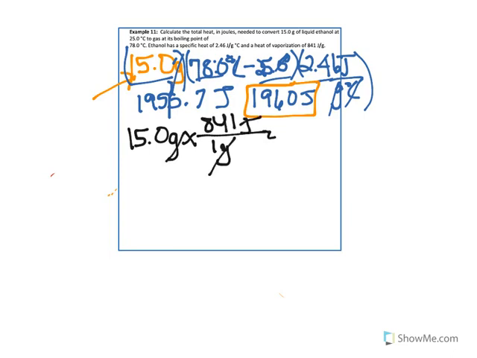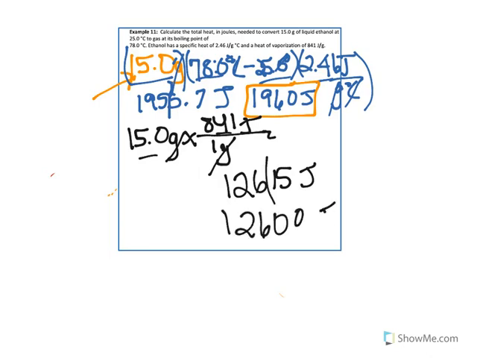Grams cancel, and this tells us how many joules were necessary to change the state of our ethanol. 841 times 15 gets us 12,615 joules. Again, significant figures, we've got 3 and 3, we need 3 here. So this is going to be 12,600.